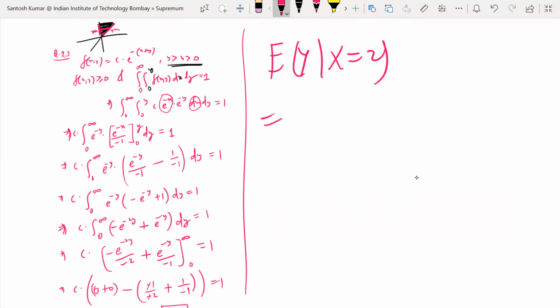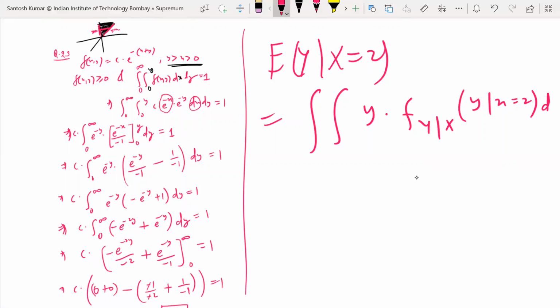According to the formula, the expectation of Y given X = 2 is the integral of y times f(y given x = 2) dy. Because x is given, it is with respect to y only, so only one integral will come.